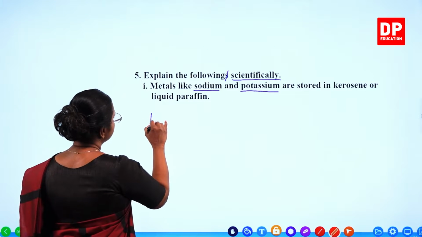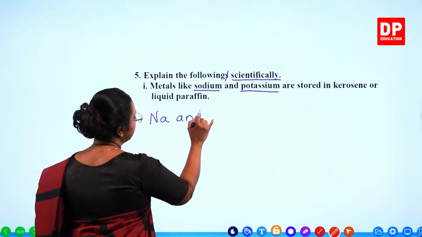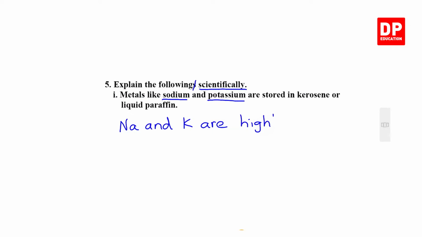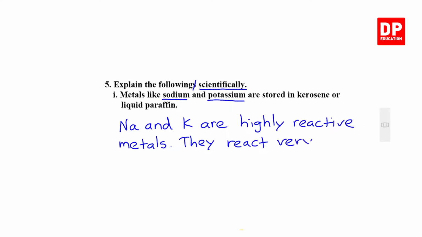So we can say sodium and potassium are highly reactive metals. They react very fast with oxygen in air.